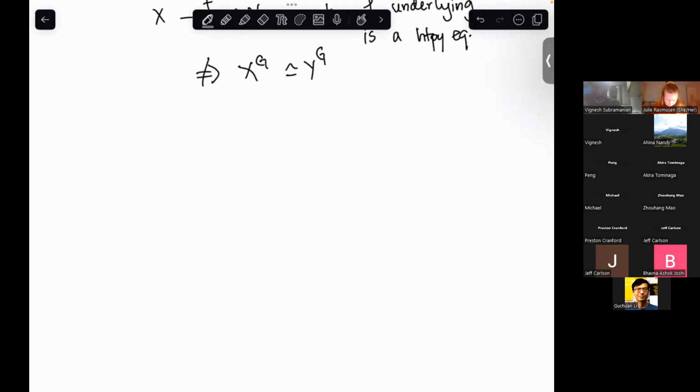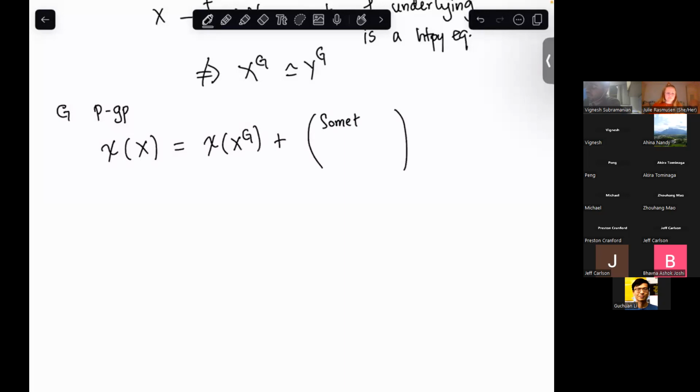Particularly, there is a basic observation that you can start with. If G is a p-group, you can look at the Euler characteristic of your space X, and you can decompose it into two parts, namely the Euler characteristic of the fixed points plus something divisible by p.